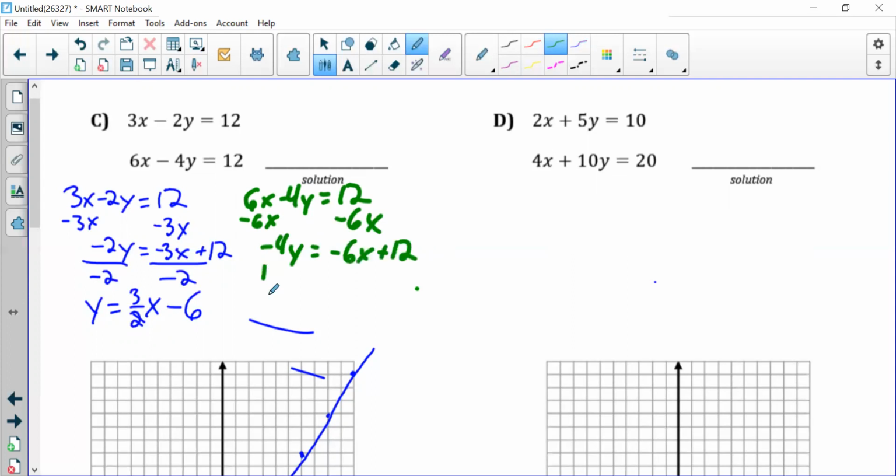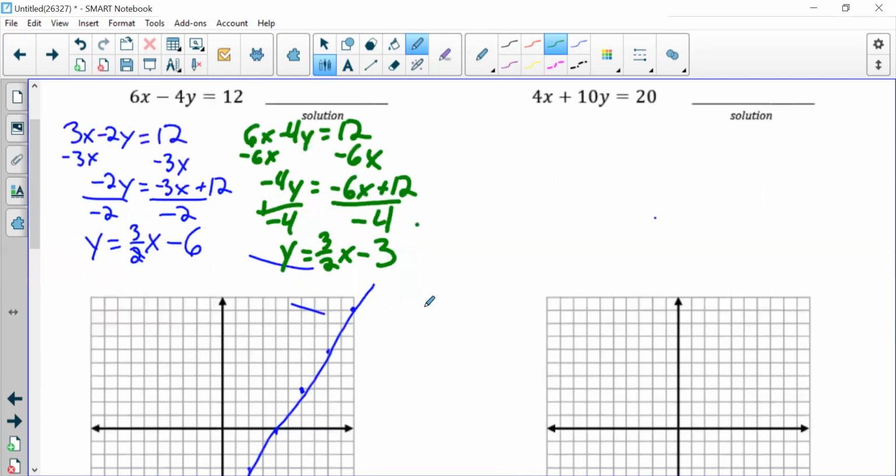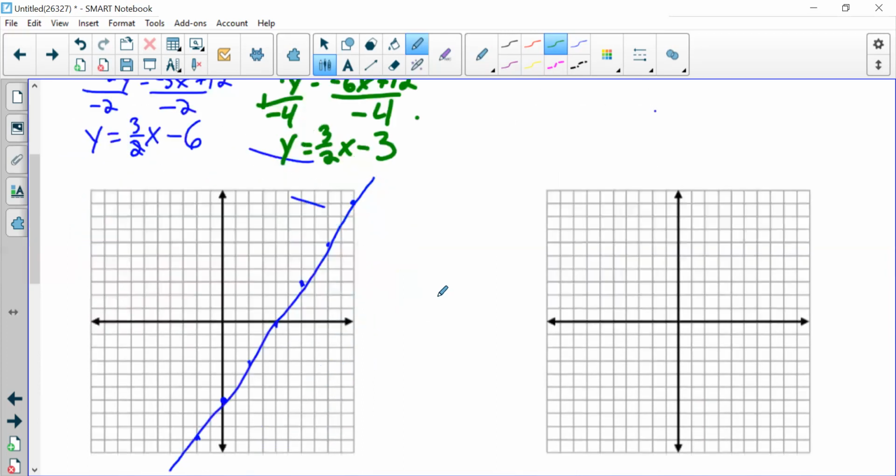We're going to divide both sides by -4. So y equals, well, a positive 6/4, which is really 3/2 x minus 3. Anybody else seeing what I'm seeing? Let's graph it and see if you're right.